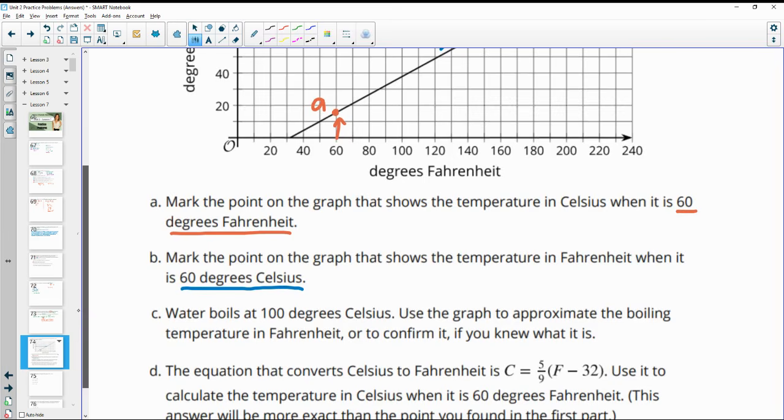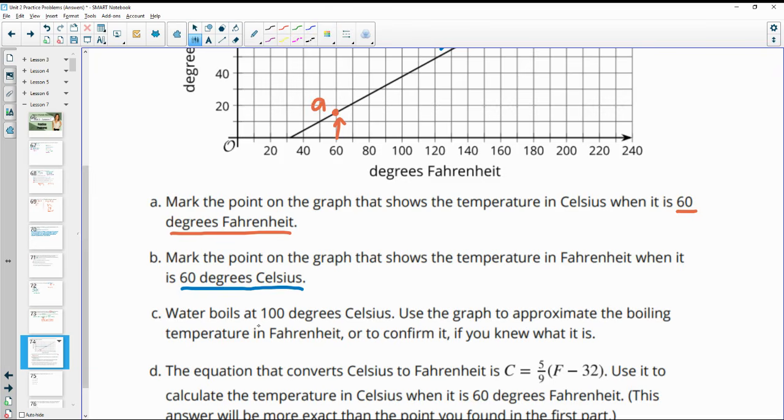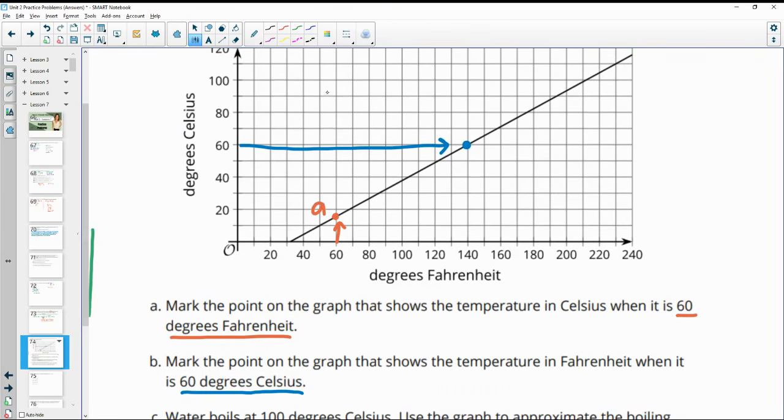Part C tells us that water boils at 100 degrees Celsius. Use the graph to approximate the boiling temperature in Fahrenheit. So we know 100 degrees Celsius, and then we want to figure out how much Fahrenheit that is. So we'll go over to the graph.